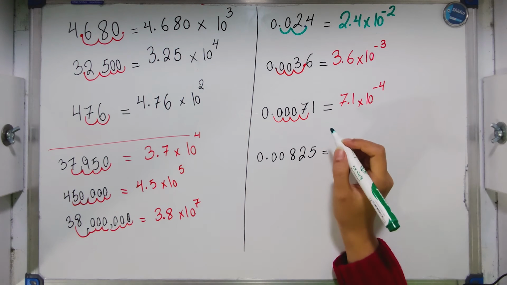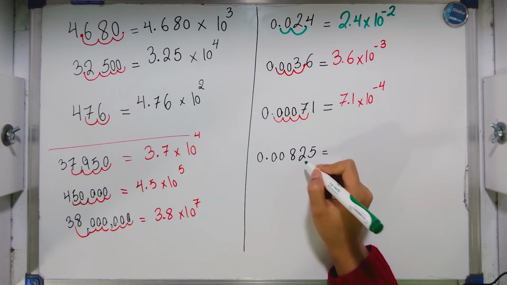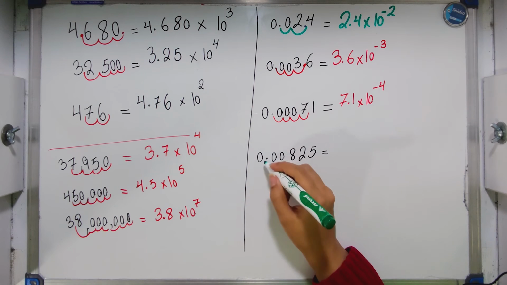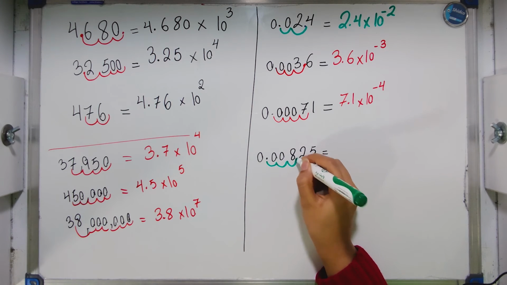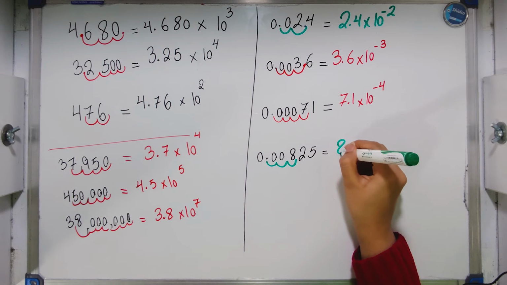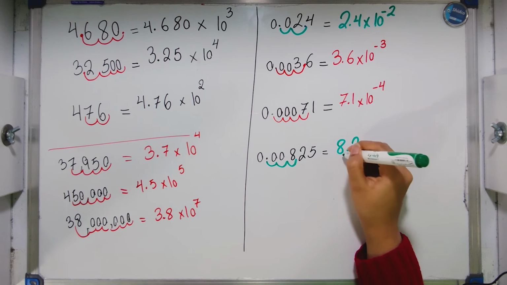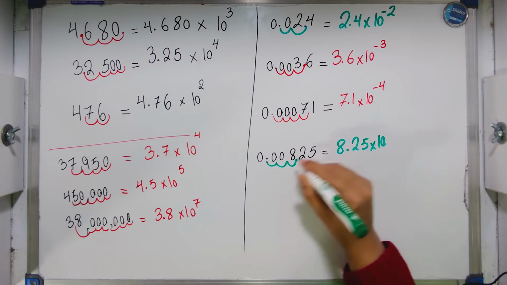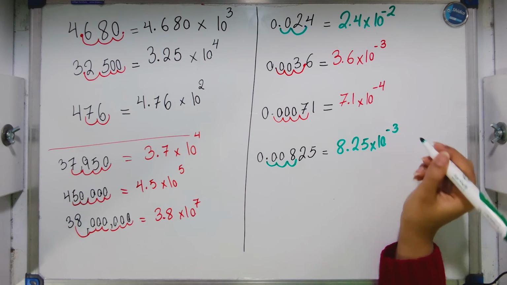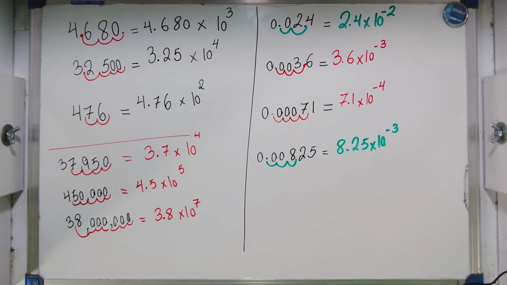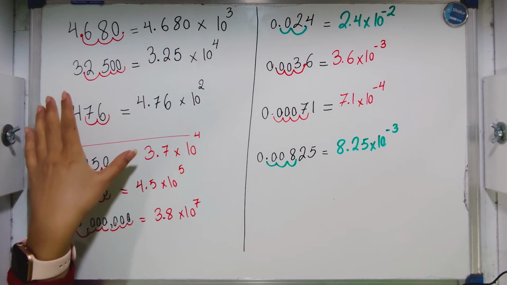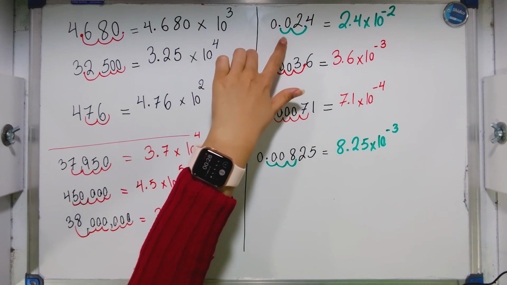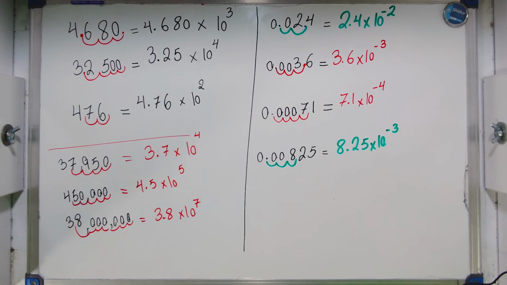So I have put the decimal between 8 and 2 because they are the first two non-zero numbers. 1, 2, and 3. So it will be 8.25 times 10 power minus 3. So don't forget that if your number is big, the power should be positive. If the number is small, the power should be negative.